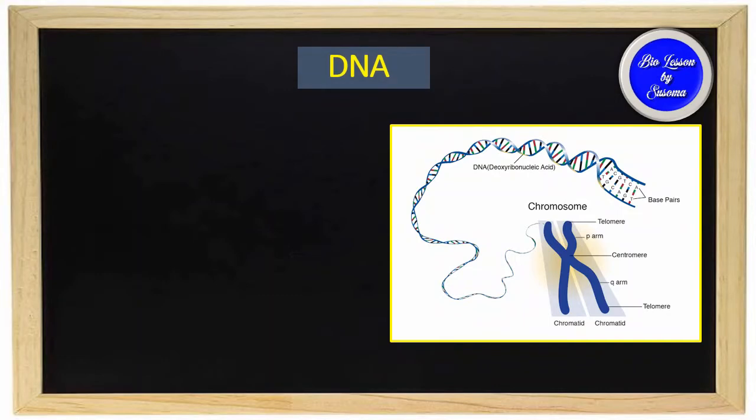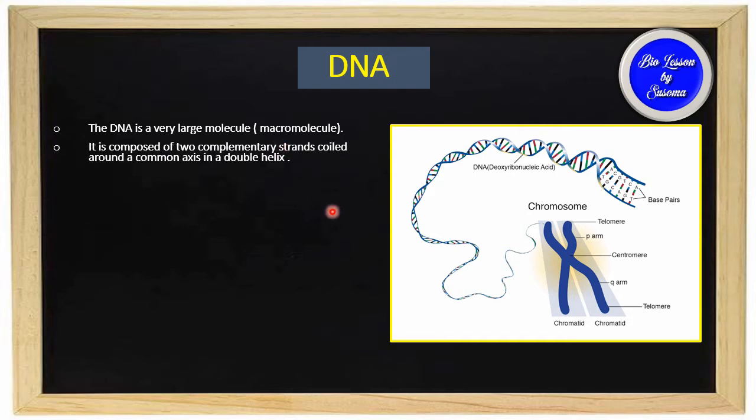What is DNA? DNA is a very large molecule, therefore it is called a macromolecule. Macro means large. Now DNA is composed of two complementary strands which are coiled around a common axis to form a double helix.